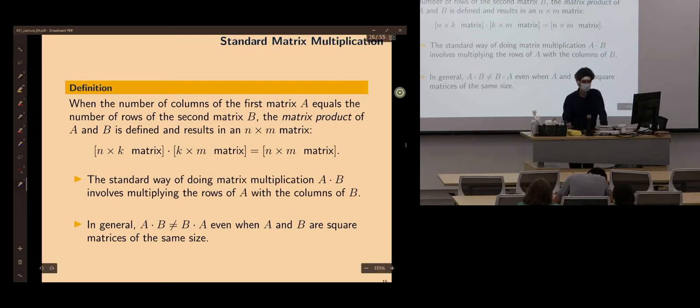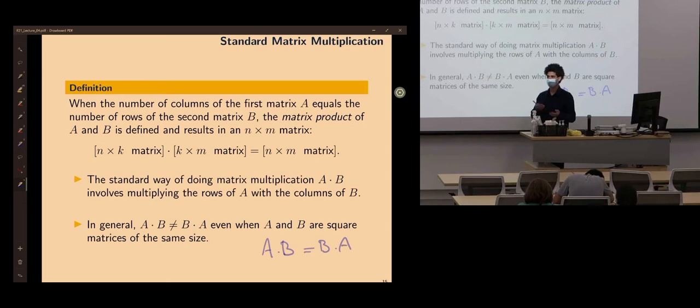Now you might ask, what does it mean for matrices or objects to commute? A and B, we say A and B commute if you can swap the order. Right? If A times B is the same as B times A, we say they commute. You can change the order.